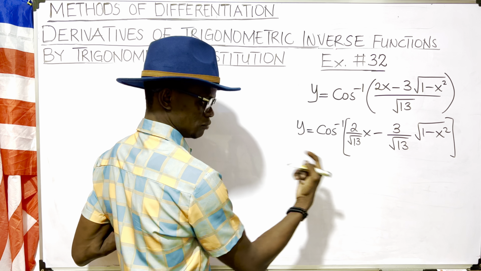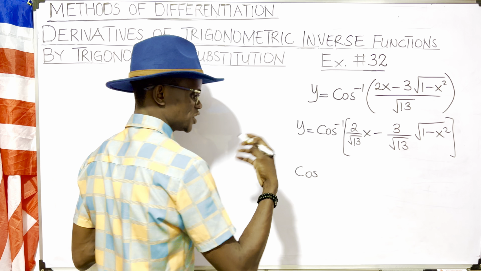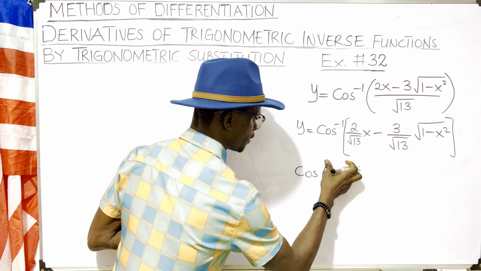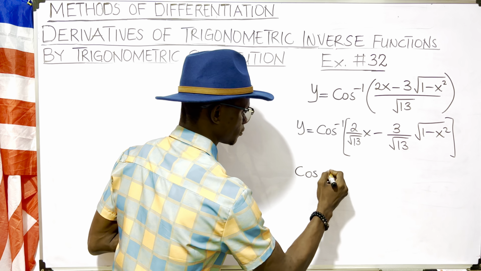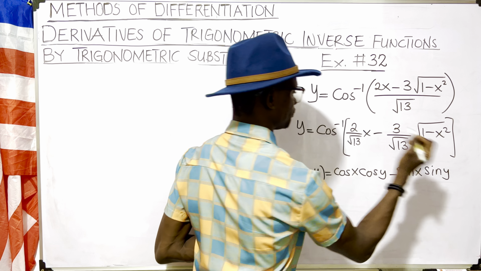So if you can just remember, the cosine of a sum: cosine of x plus y equals cosine of x cosine of y minus sine of x and sine of y.